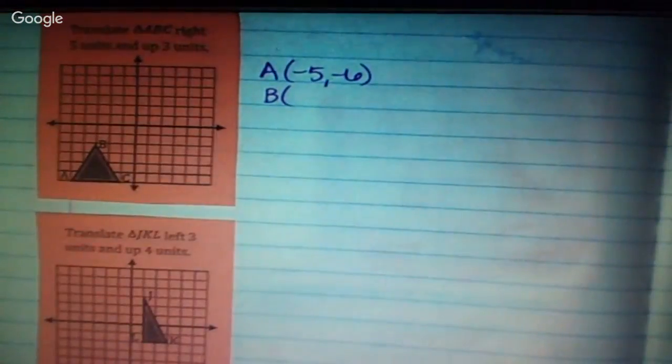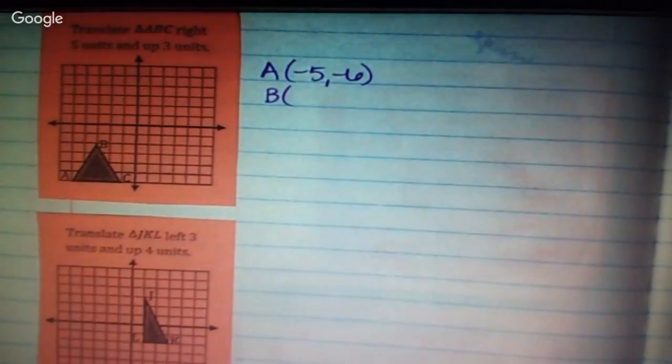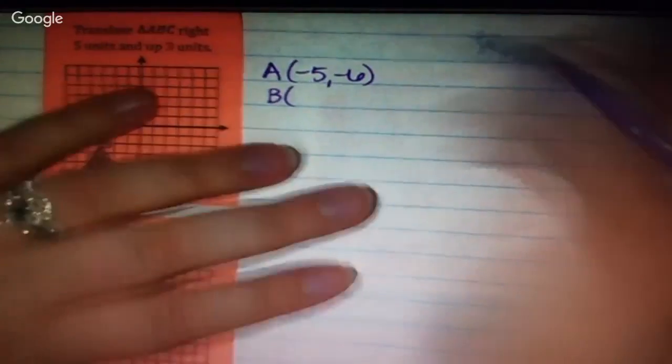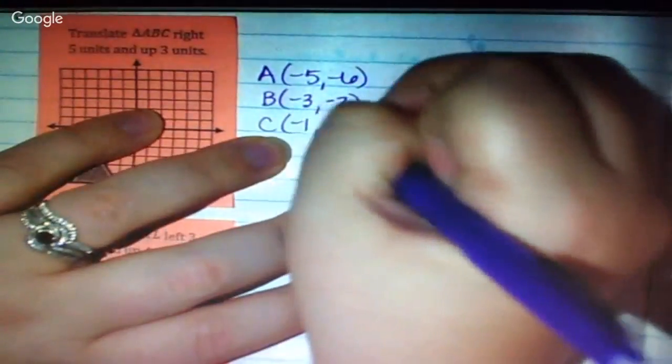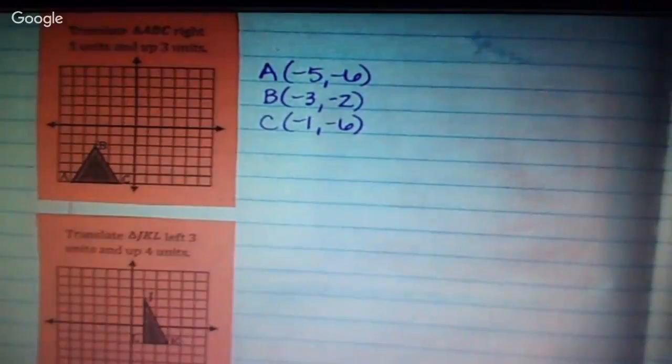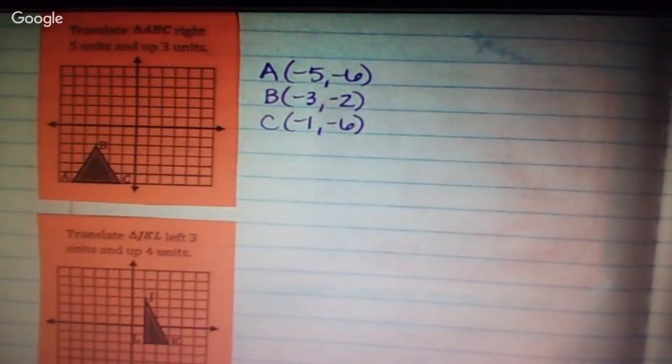Where is B right now? -3, -2. And C? -1, -6. Okay.